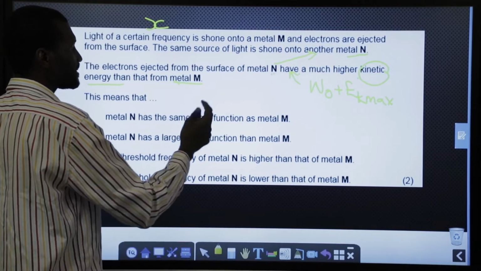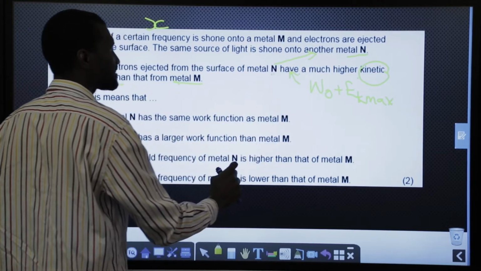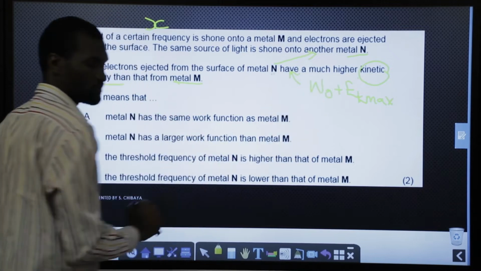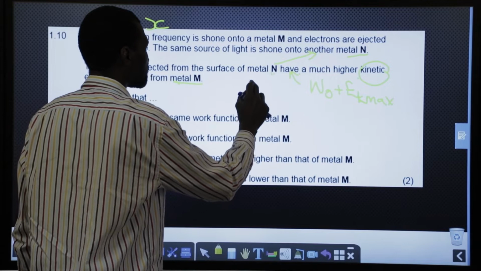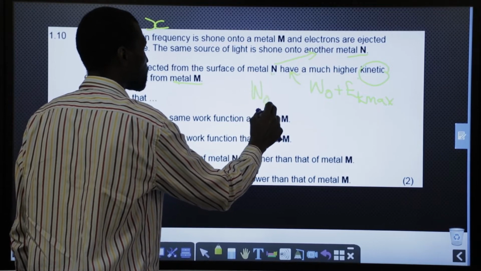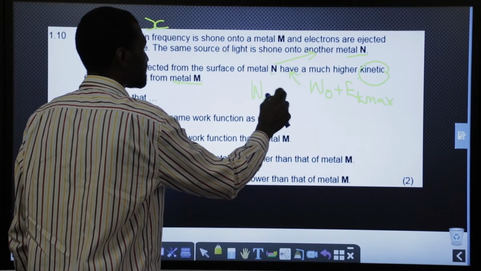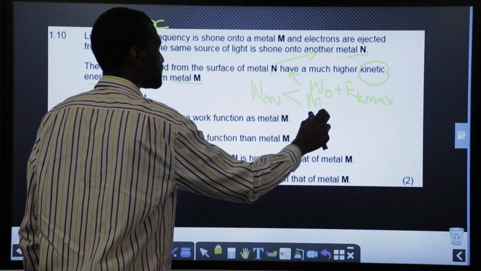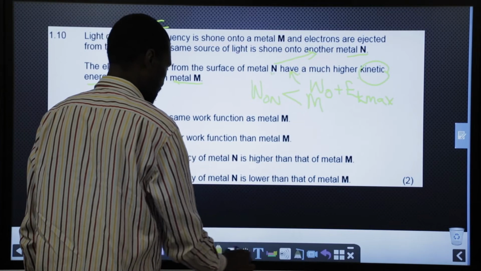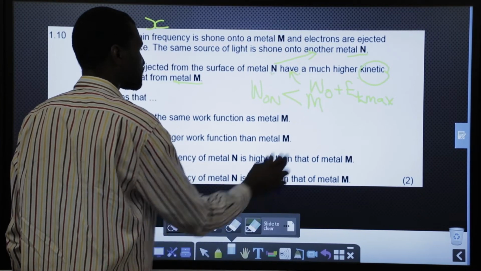So what does that tell us about N's W0? It tells us that N's W0, let's call it W0N, is less than M's W0.